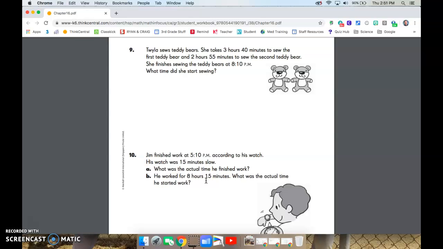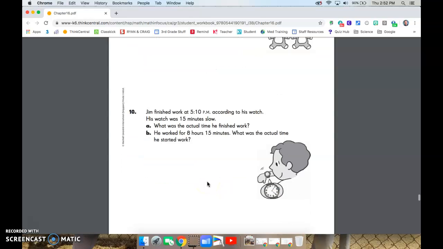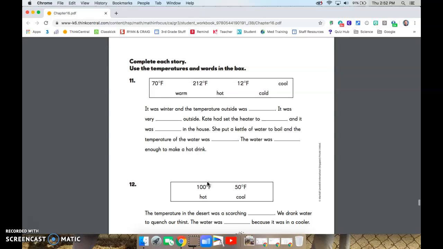So I have 9:25 a.m. And then we also have to take away the 15 minutes, which makes it 9:10 a.m. So what was the actual work time that he started? 9:10 a.m.